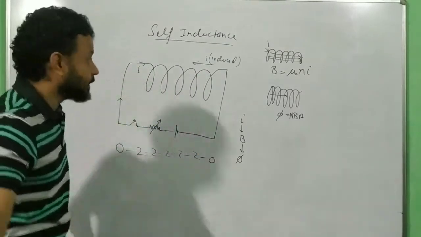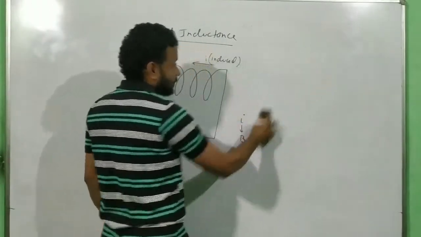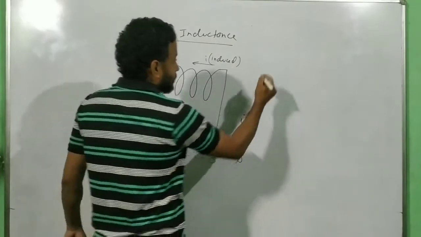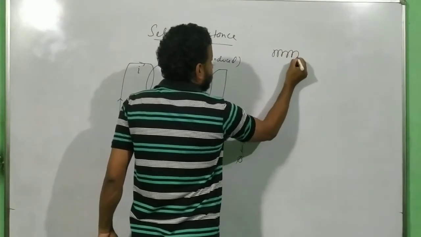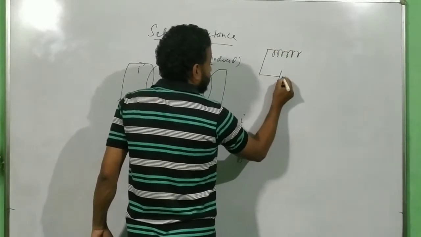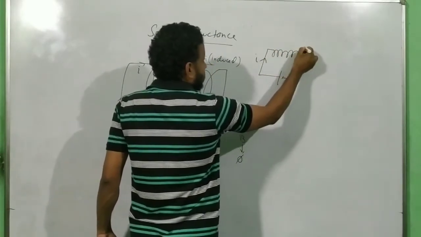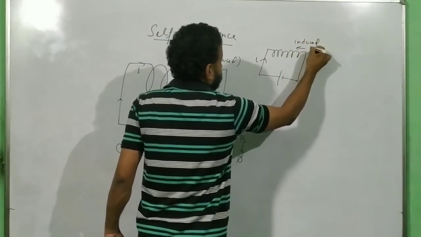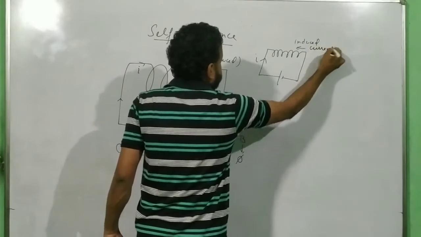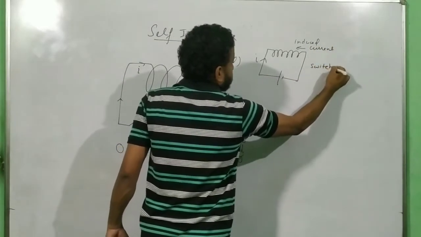So I will give you this concept over here. Consider that this is my coil. This is my main current and this is my induced current. This is at the time of switching on.